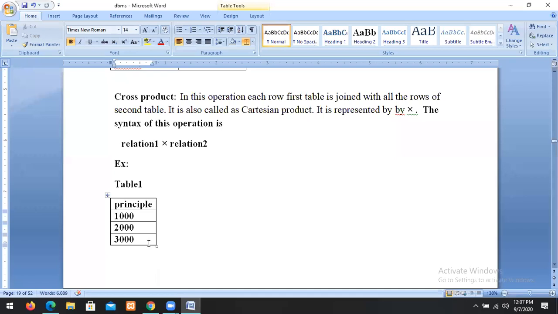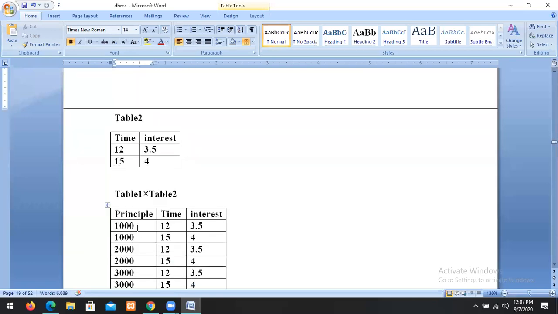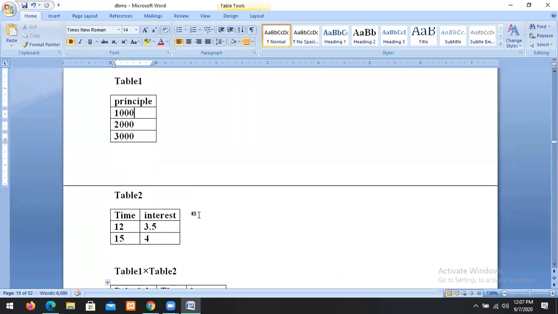For example, table 1 has 1 column and 3 rows. Table 2 has 2 columns and 2 rows. Then the resultant table has 3 columns and 3 into 2, 6 rows. This is 1 column, this is 2 columns. So totally the resultant table has 3 columns and 6 rows.